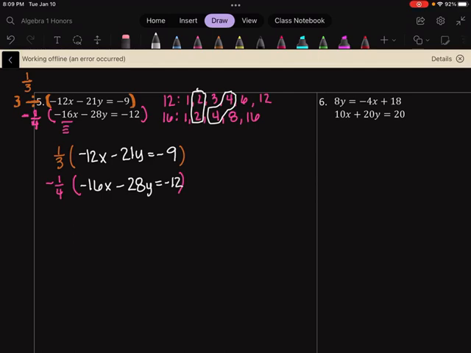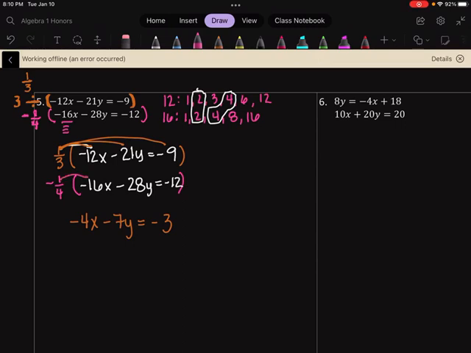So let's go ahead and distribute in. We'll distribute, and that means we're dividing all of those by 3. So negative 12 divided by 3 is negative 4x. Negative 21 divided by 3 is negative 7y. And then negative 9 divided by 3 is negative 3.